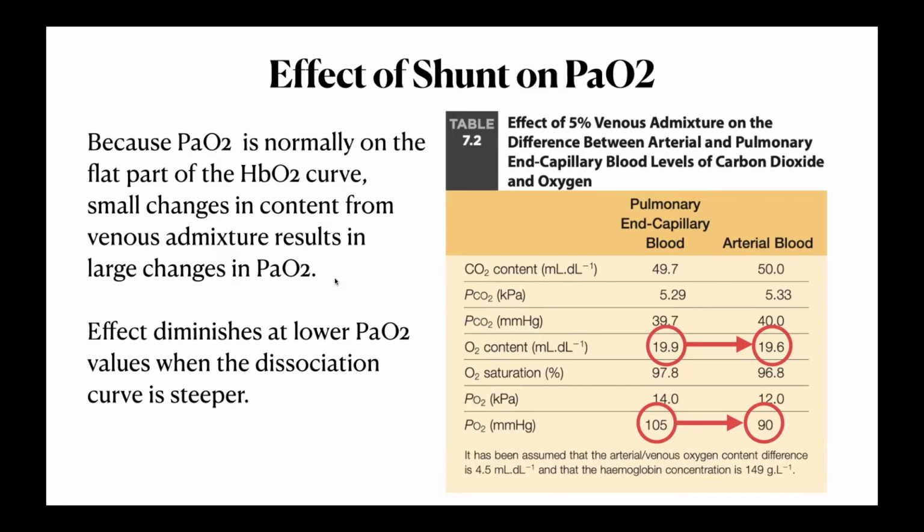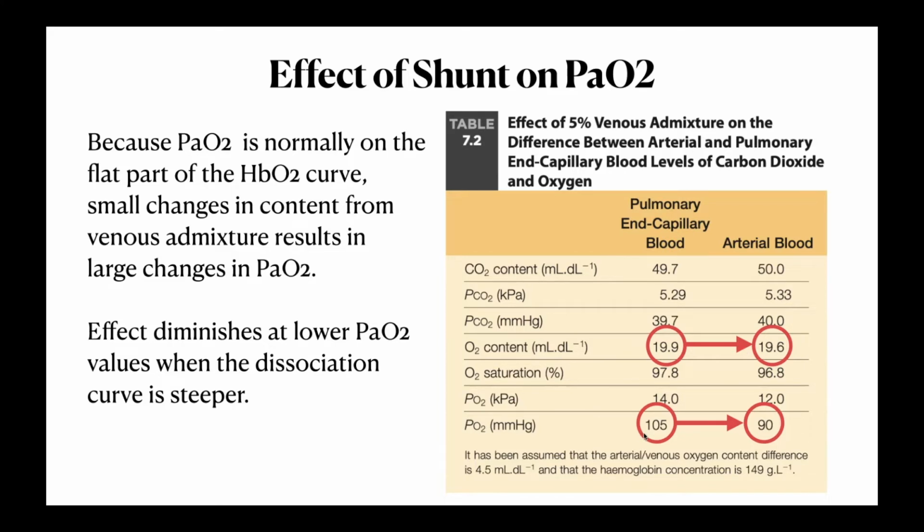And I'll show you that in the next slide with the curve. But you've got this table here, and this is the effect of 5% of shunt, or venous admixture. So that's theoretical shunt. And what happens is that you get the oxygen content going from 19.9 to 19.6. So you can see for the content, it's a very small change of 0.3 mL per deciliter.